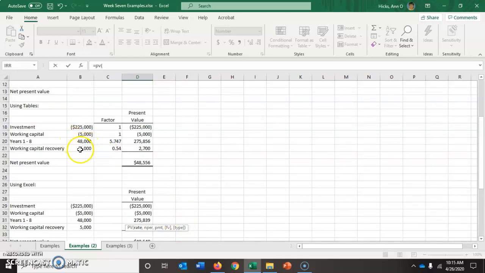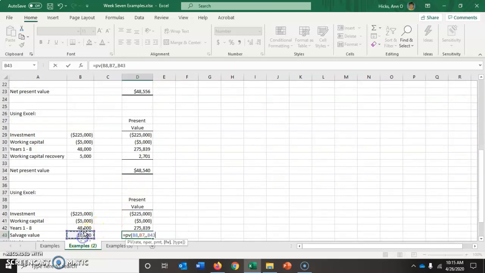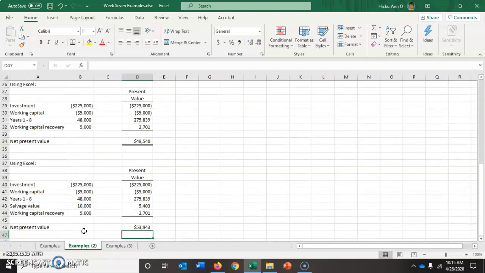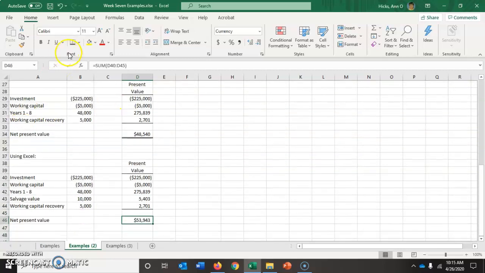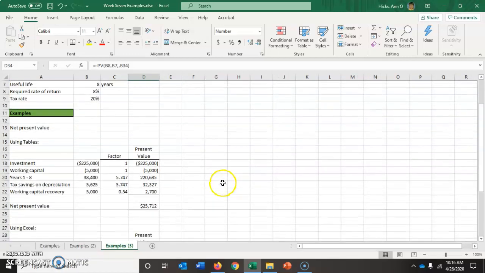It'll be present value of rate of 8%, 8 periods, there's no payment, and there is a future value, but that should be positive. And so we wind up with a net present value, assuming the salvage value as well as the working capital of $53,943.